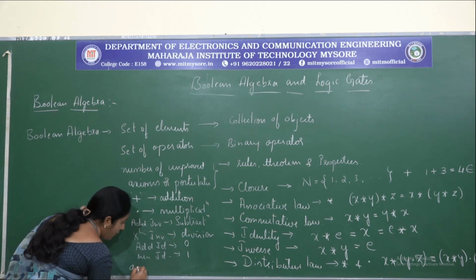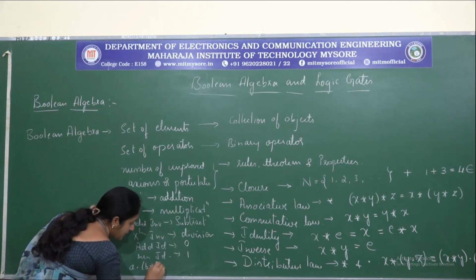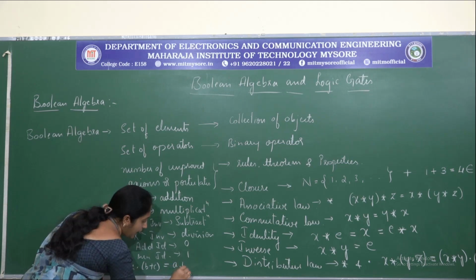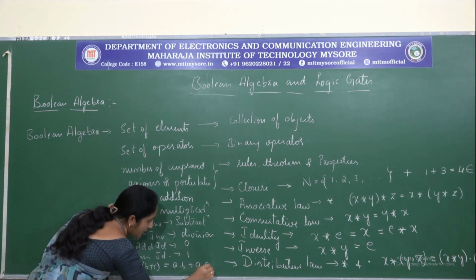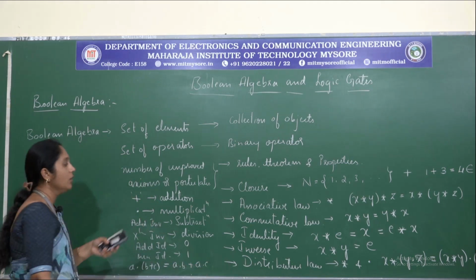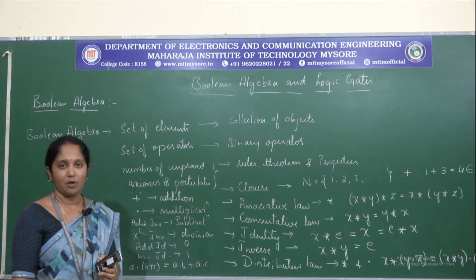That is, if you have A dot (B plus C), then it can be written as A into B plus A into C. So this is the meaning of these postulates.